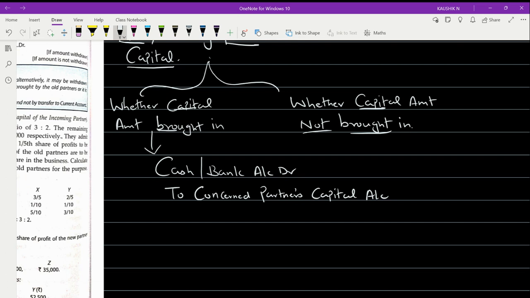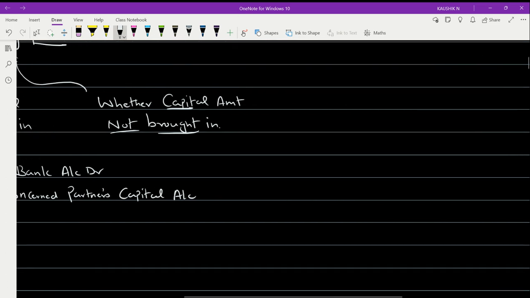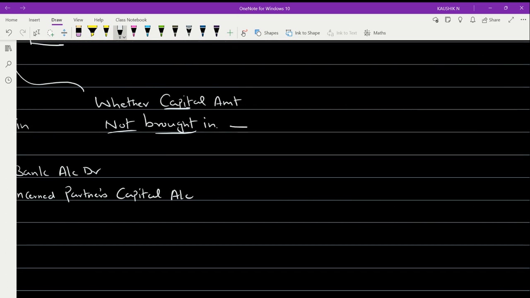If the case is the other way, that means he didn't bring the amount, this is the journal. Since he didn't bring the amount, we have to route it through his current account.